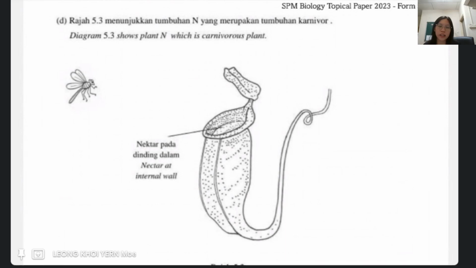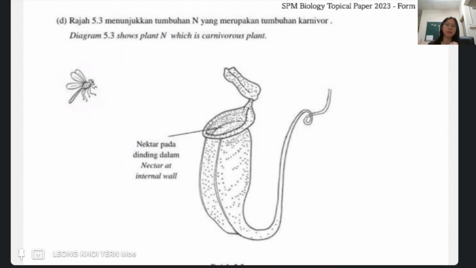Why do they have nectar? Because they need insects to help transfer the pollen grain from one plant to another, cross-pollination or maybe self-pollination. Basically the reason why flowering plants have nectar is that they need the insect to act as a pollinating agent to transfer the pollen grain. But for this one, why do they need nectar? They actually want to attract the insects, trap them, then eat them.